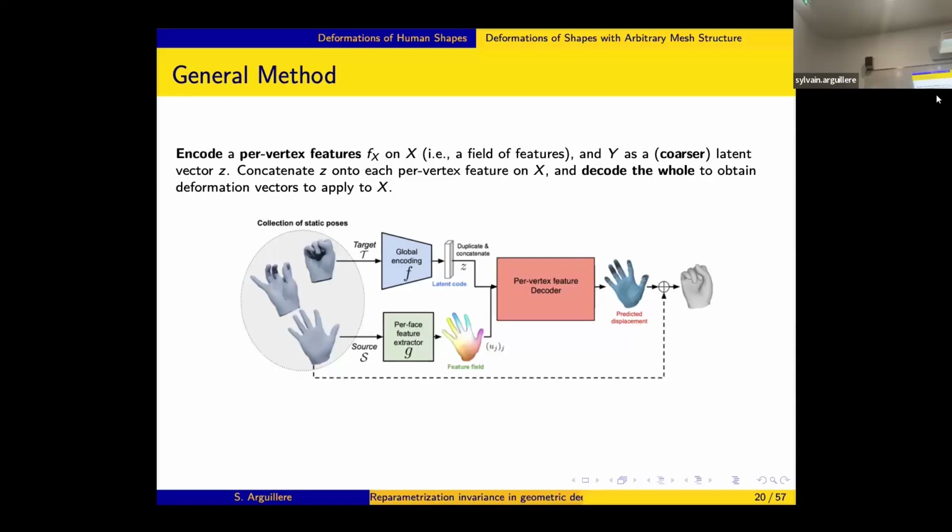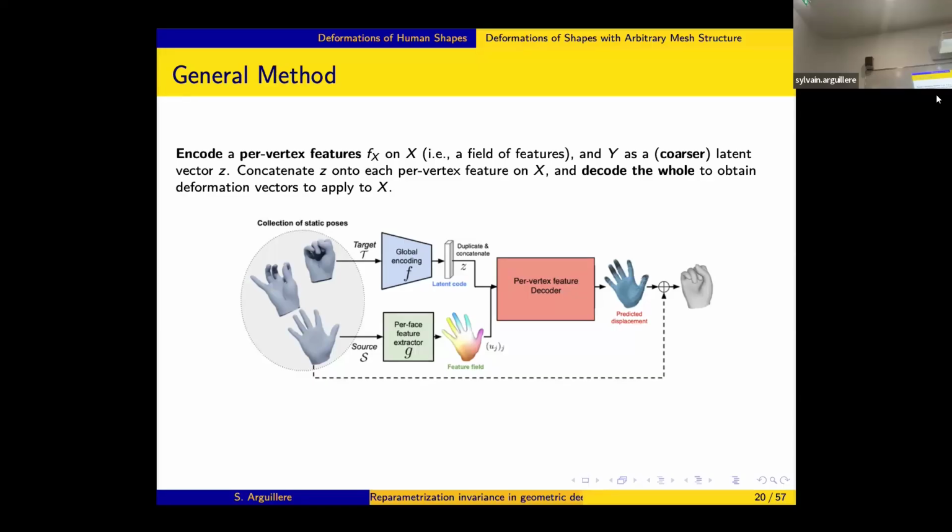Then you get a final feature map, which goes from S into R^k times R^k, which to X associates U of X and Z. This additional information Z doesn't depend on the point on the surface, but it's added everywhere.